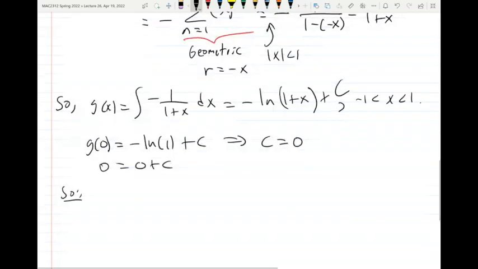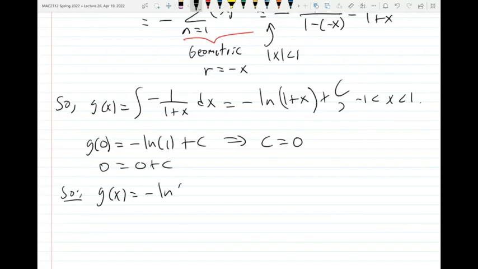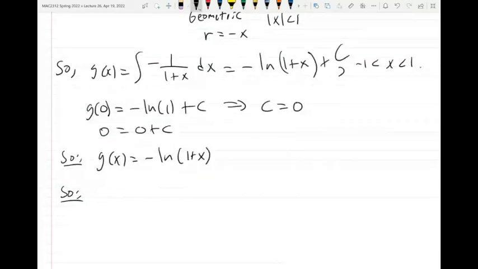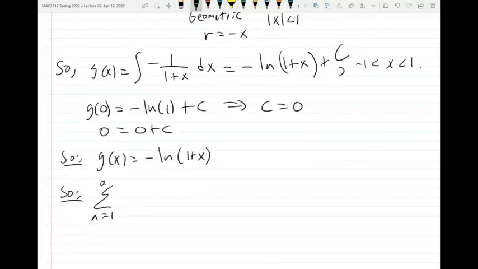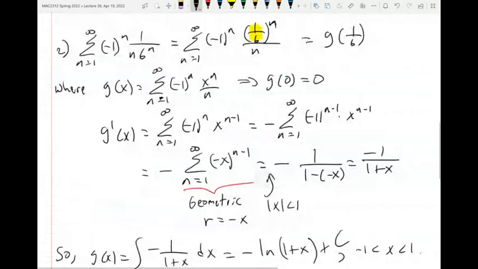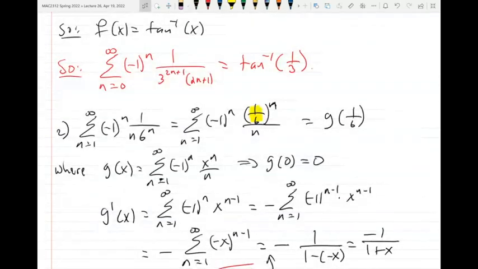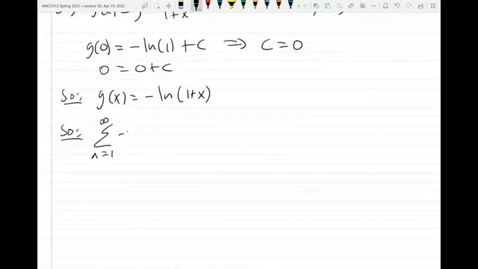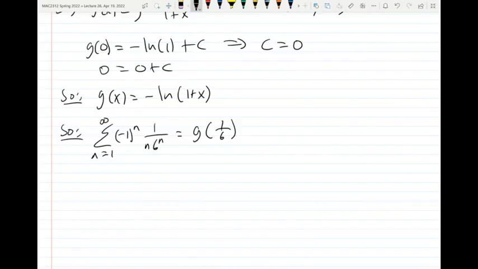So g of x is minus ln of 1 plus x, and therefore our series, which was a sum from 1 to infinity of -1 to the n, 1 over n, 6 to the n, we said that this was g of 1 over 6, right?